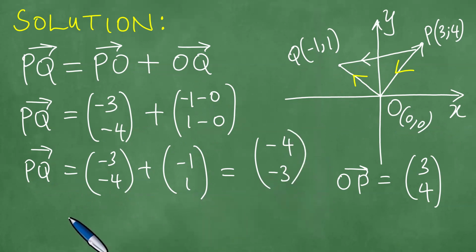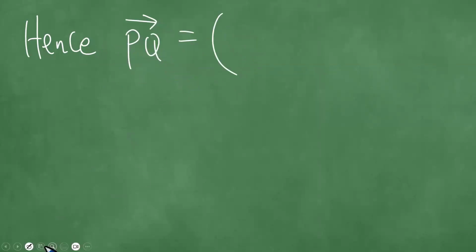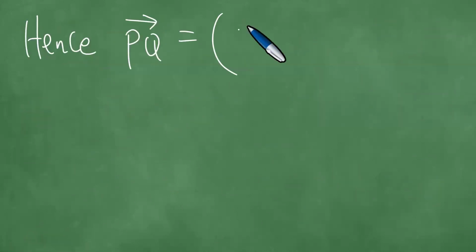This therefore means the vector PQ is (-4, -3).